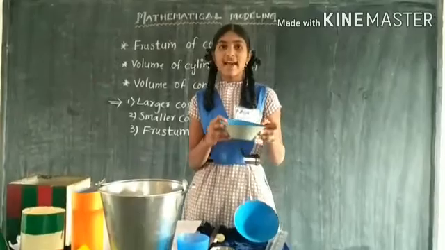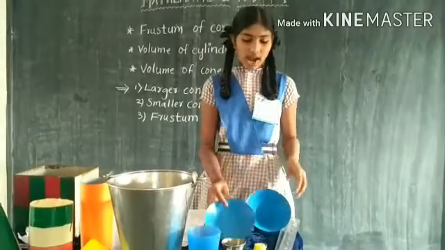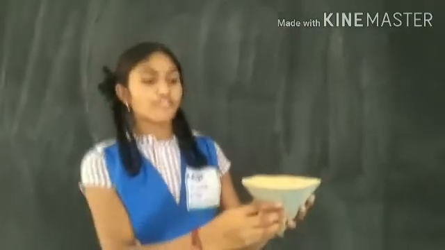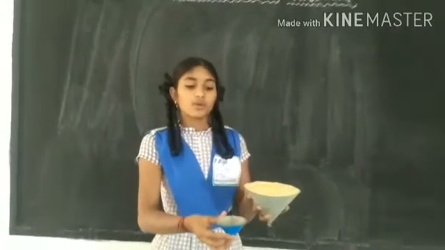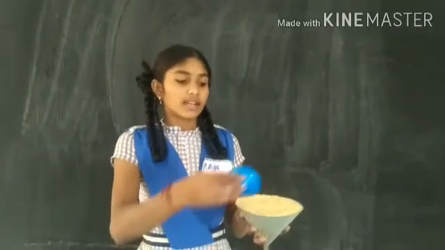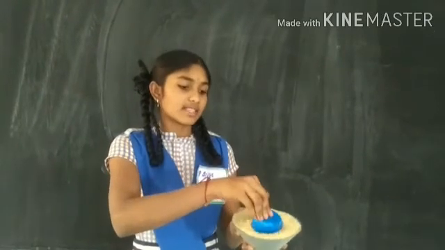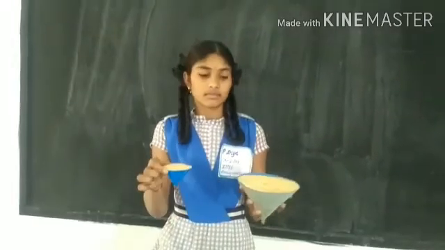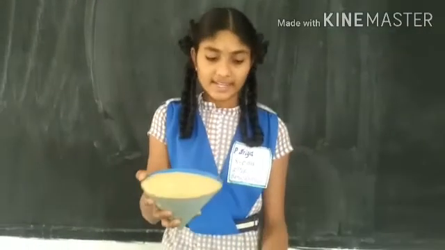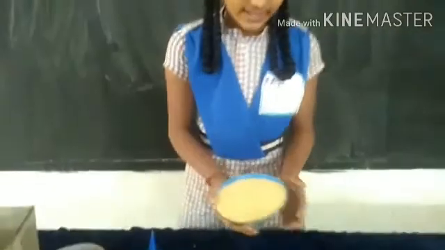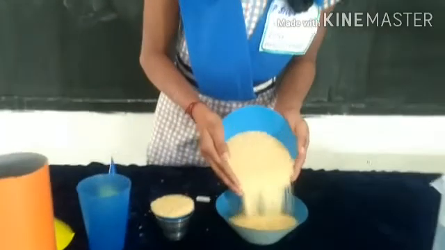To find the volume of the frustum of a cone, I took the larger cone full of rice. I removed the smaller cone full of rice. After removing, the remaining rice is filled in the frustum of the cone.